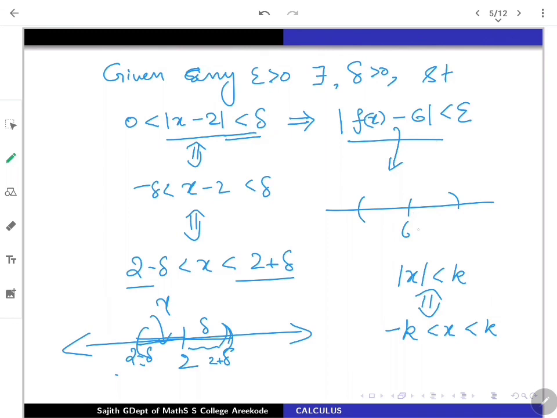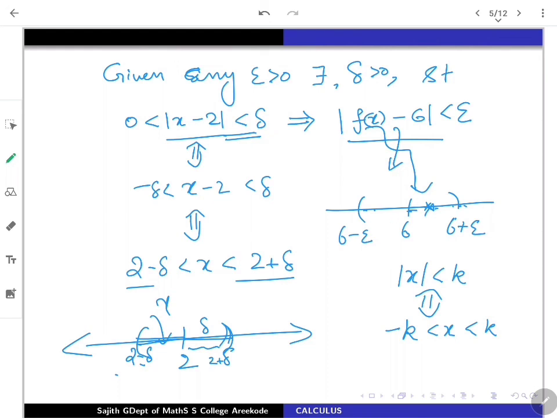You have freedom to move right side 6 plus epsilon, left side 6 minus epsilon. That is the meaning of your f of x values here. So f of x may be here or here or anywhere. The distance between f of x and 6 should be up to this epsilon unit. That is what it says.